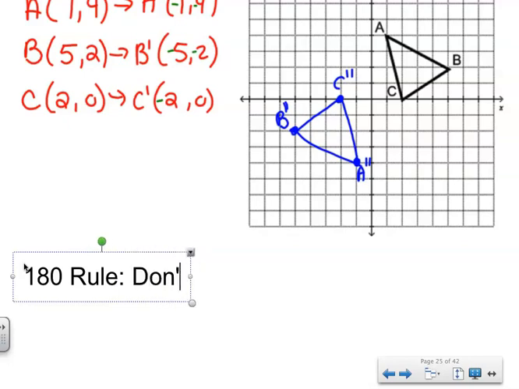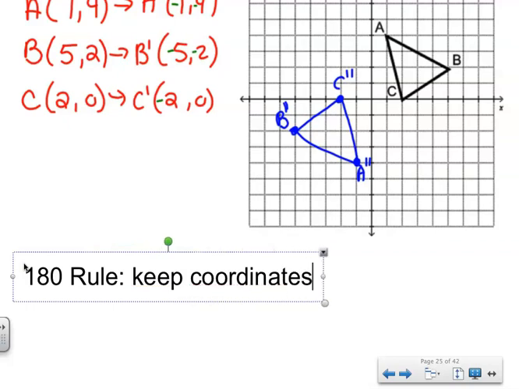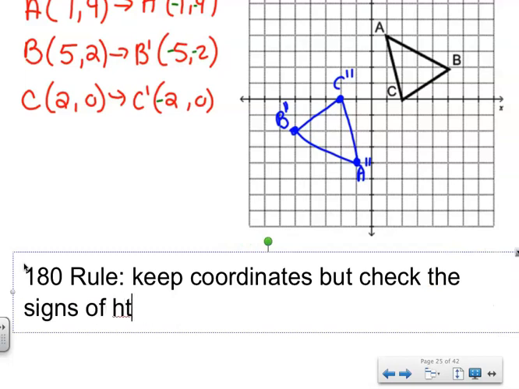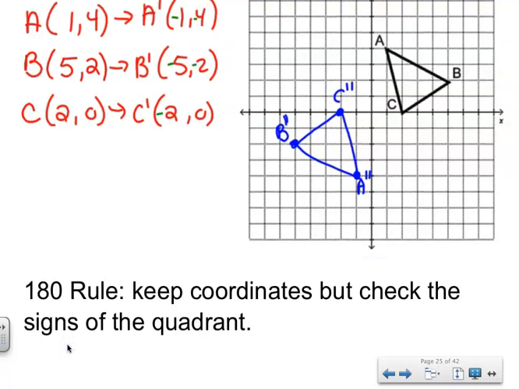We'll keep the coordinates, but check the signs, check the sign of the quadrant. So we're not going to flip the coordinates, we're going to keep them the same, but we're going to check the sign of the quadrant that it's in. Okay? So those are the rules for rotating something 90 and 180. So you know the rule for 240.